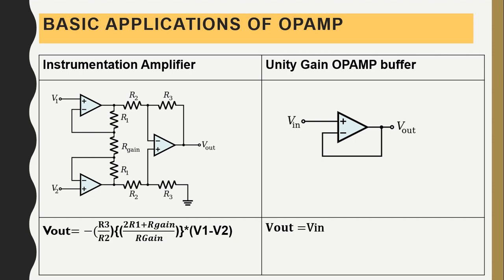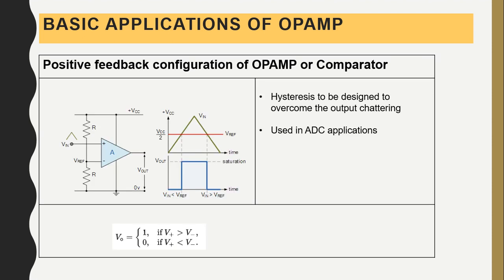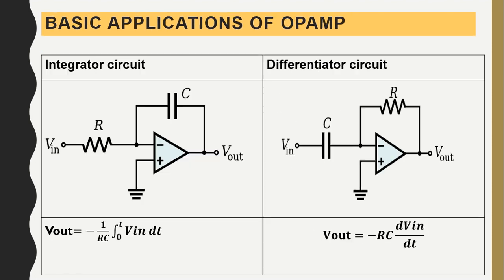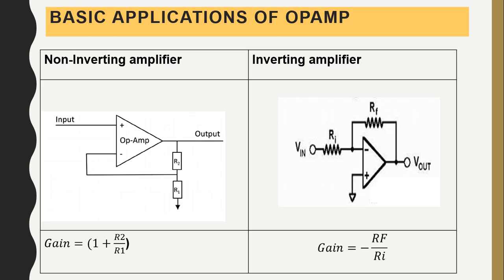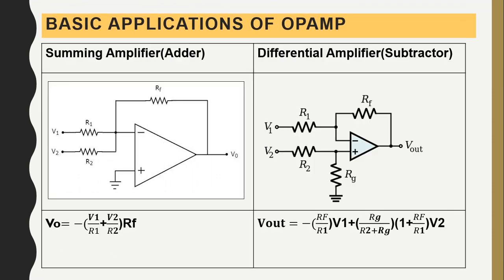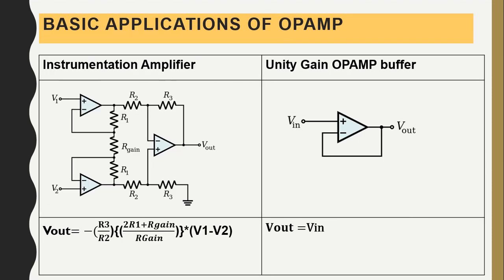Instrumentation amplifier. If you notice, it is a combination of two non-inverting amplifiers, their inputs are V1 and V2, and one differential amplifier, right?